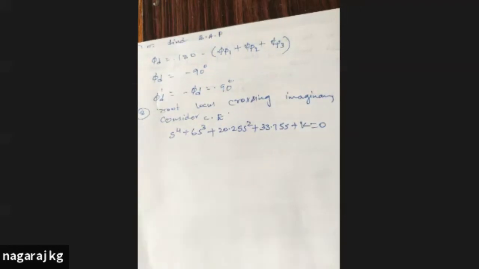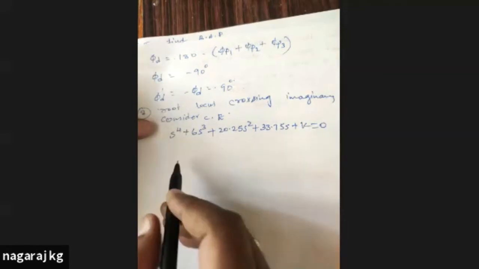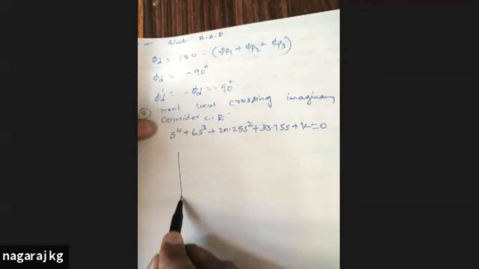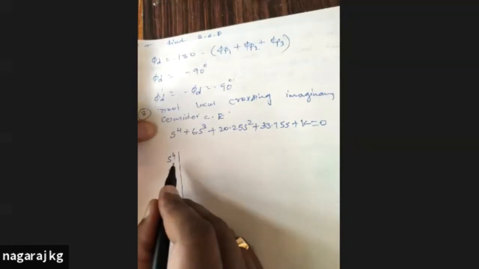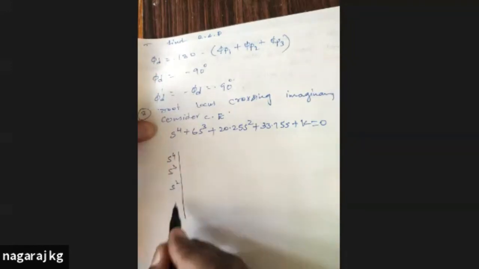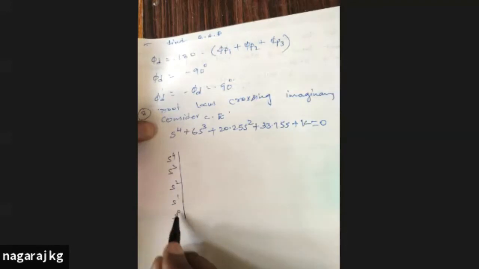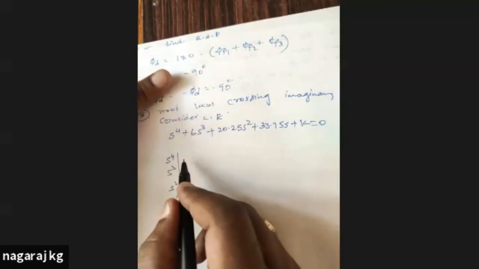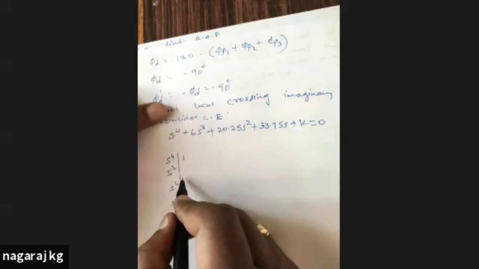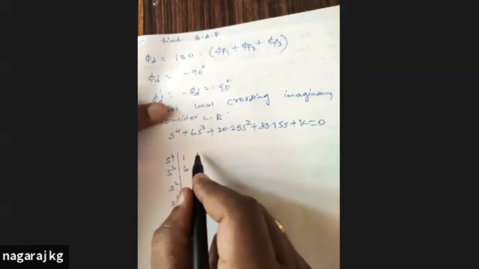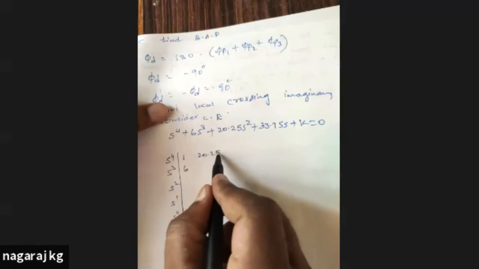How do you go about this? You have to draw the Routh array for this. s to the power of 4, s cube, s squared, s to the power of 1, s to the power of 0. You fill up the first two rows with the coefficients of the characteristic equation: 1, 6, 20.25.